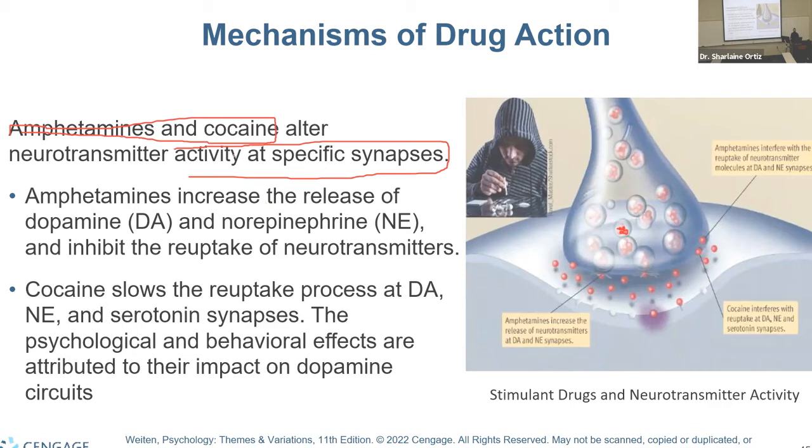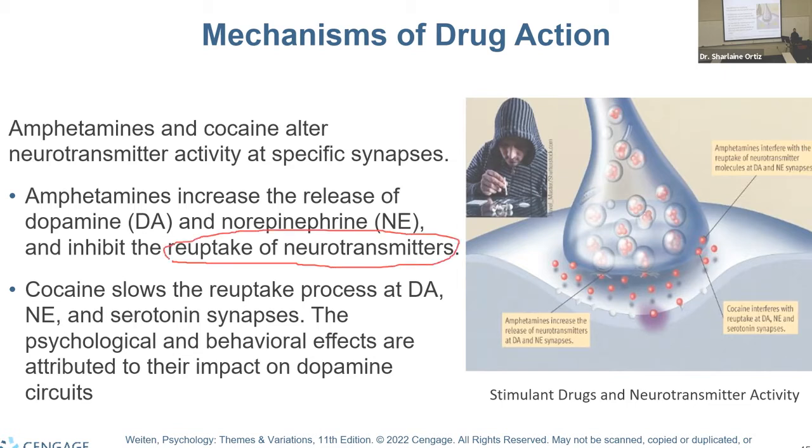Amphetamines are going to increase the dopamine and norepinephrine release in this synapse. Not only that, it's going to stop the natural process of reuptake.